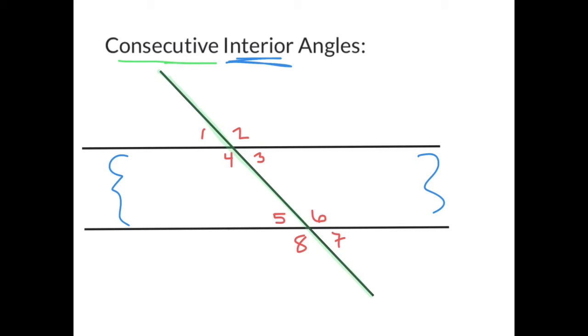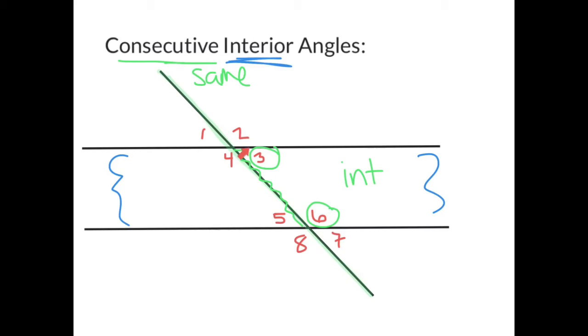So same side. And so let's take a look at what I mean. Angle 3 and angle 6 are the two interior angles, they're on the inside, that are on the same side of this transversal. They're both on the right hand side. So 3 and 6 are consecutive interior angles.